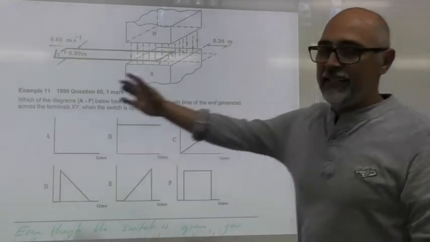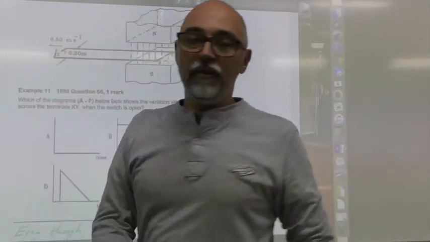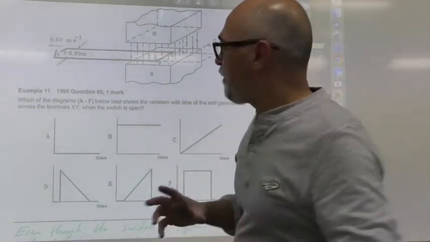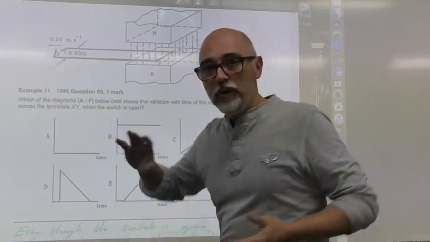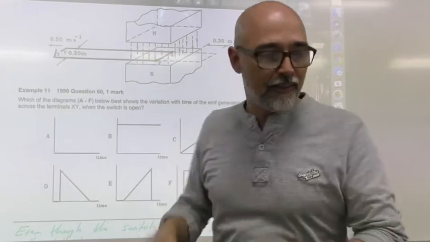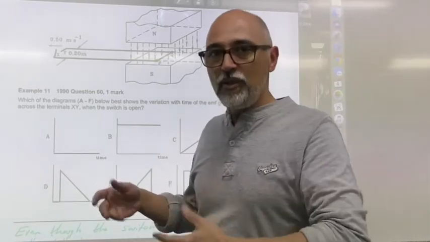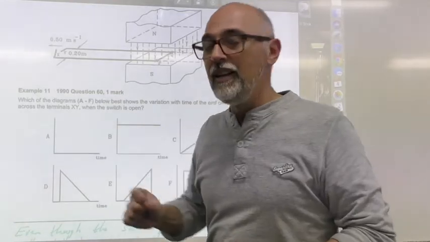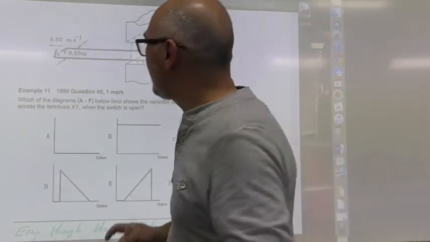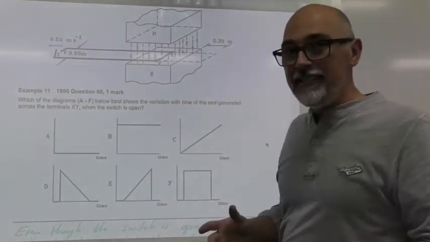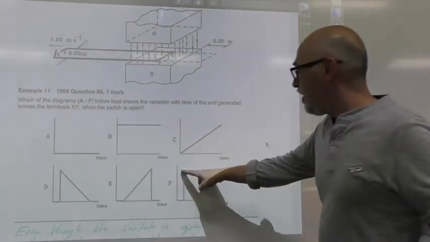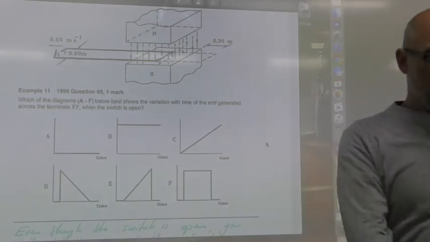As the loop is being dragged out, even though the switch is open, it doesn't actually stop the fact that electrons will still build up in the conductor, okay? They'll still build up at a particular end. So in response to those field lines cutting the conductor, there won't be a flow of current, but there is a voltage, which means as this uniformly empties, the actual answer is F, okay?